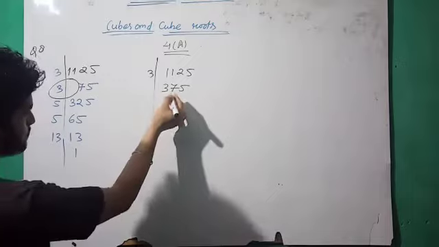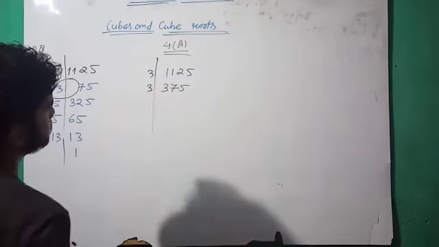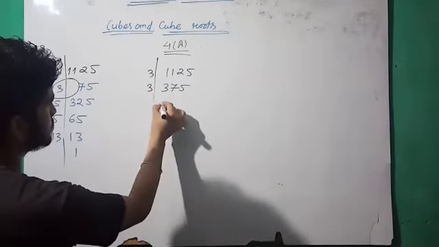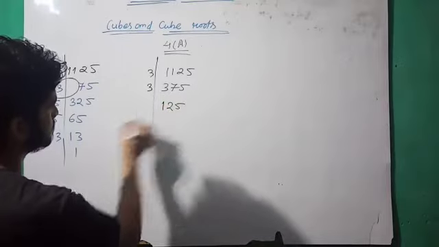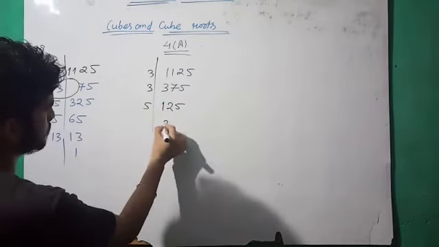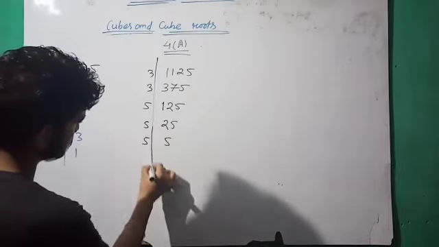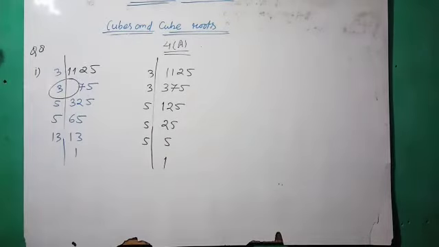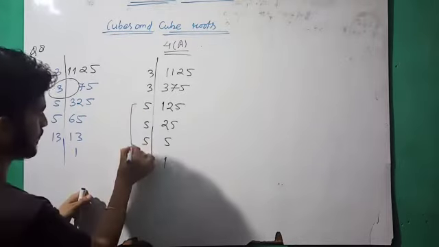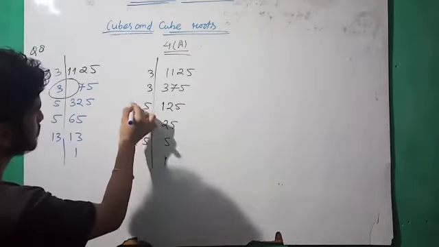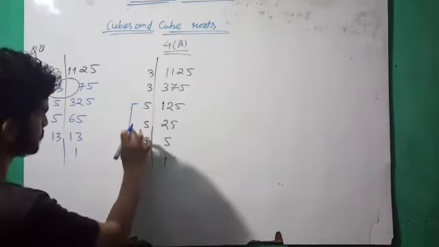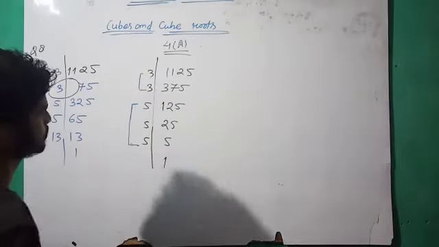Again divided by 3: 375 divided by 3 is 125. 125 is 5 into 5 into 5. So this is in a group of 3, and this is in a group of 2.